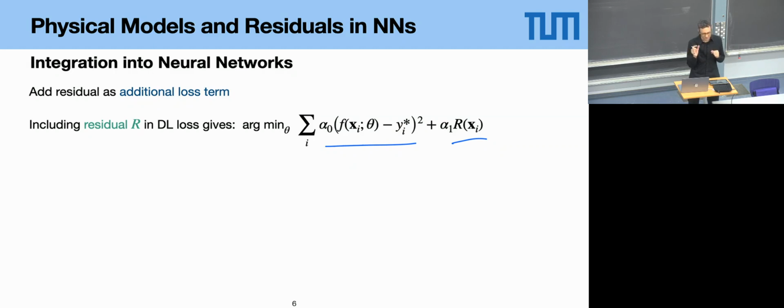They are highly ill-conditioned in practice. And to at least reduce the problems you get there, it's a good idea in many situations to rely on some ground truth data, some direct targets, and first compute a supervised loss term with a certain factor alpha 0, and then this residual term.